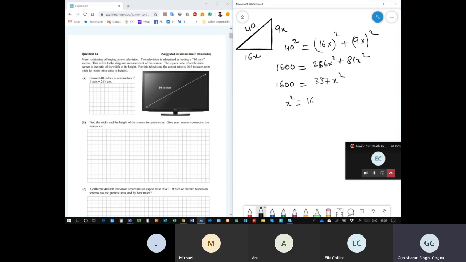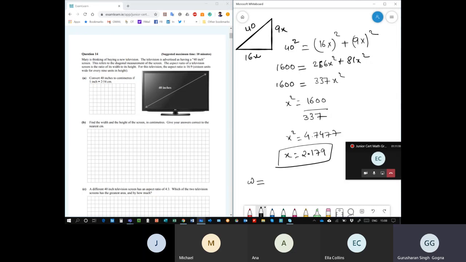So x square equals 1600 over 337, which is about 4.7477, let's say, and then you need to find the square root of that. So square root of 4.7477 is approximately 2.179.